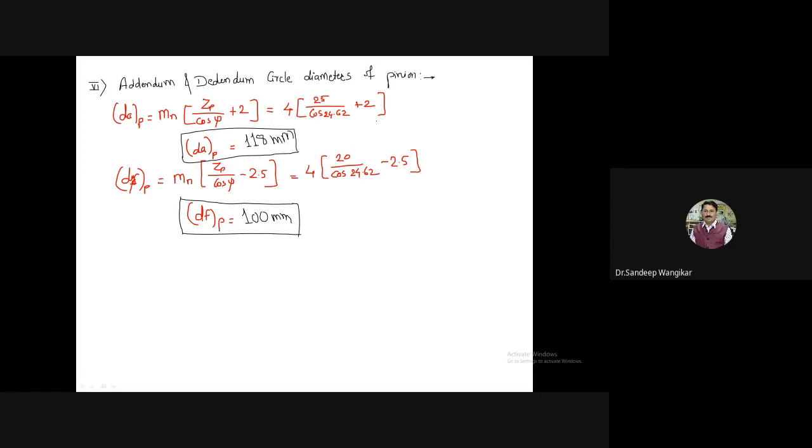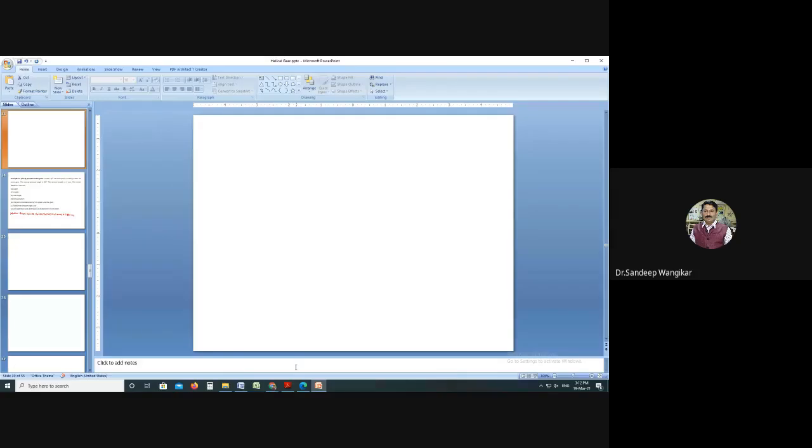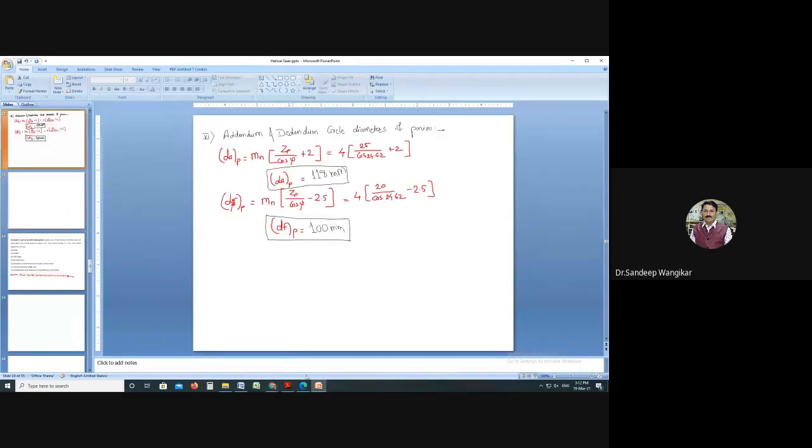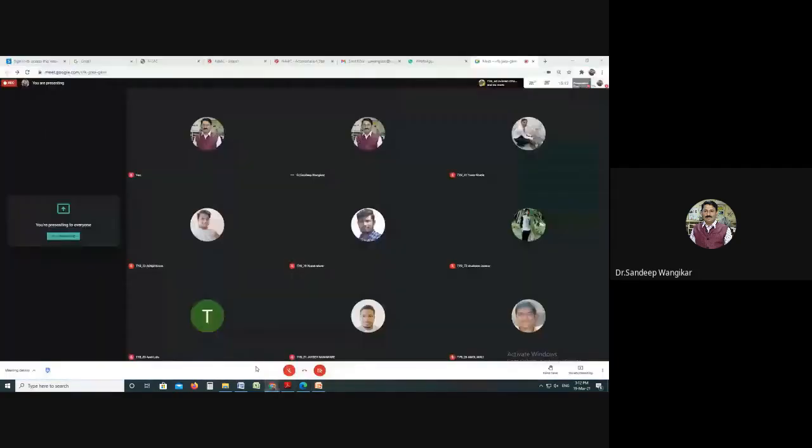If it is asked to calculate for gear also, we can easily calculate. That is not difficult. Only we have to change the formulas. And by just changing the formulas, you can easily calculate these things.